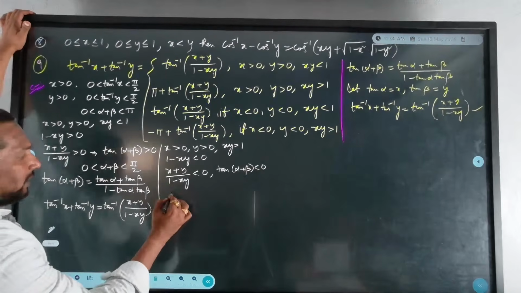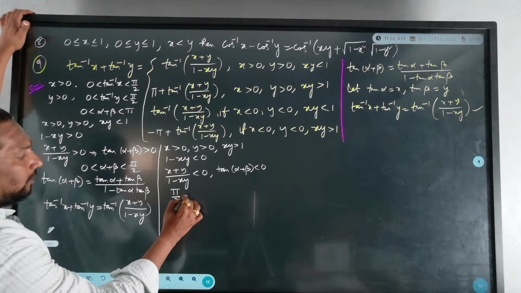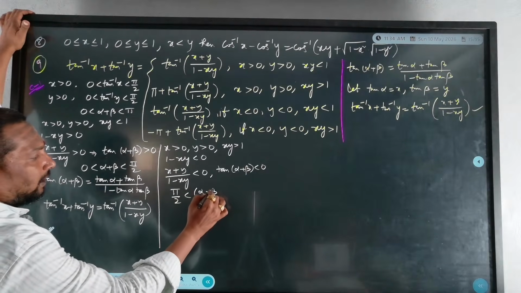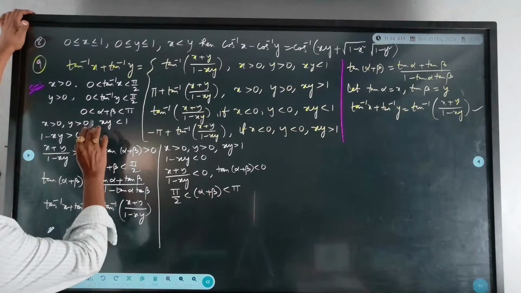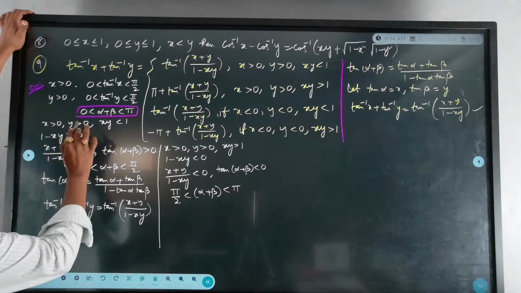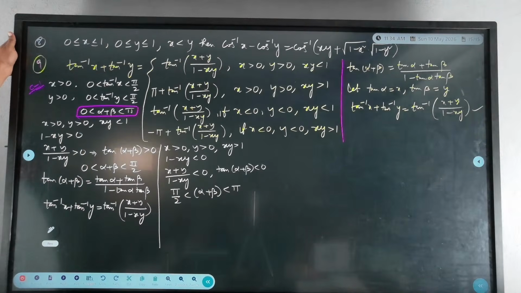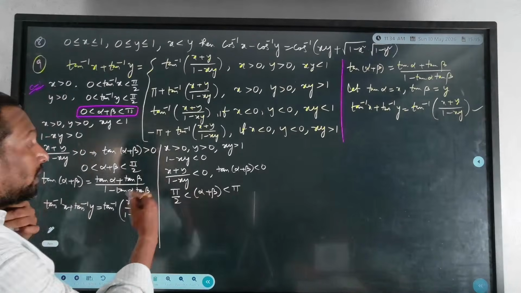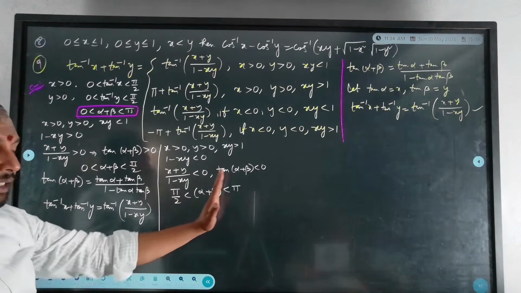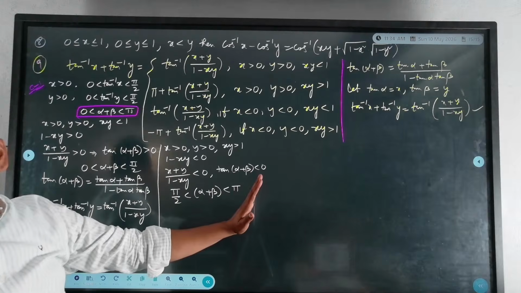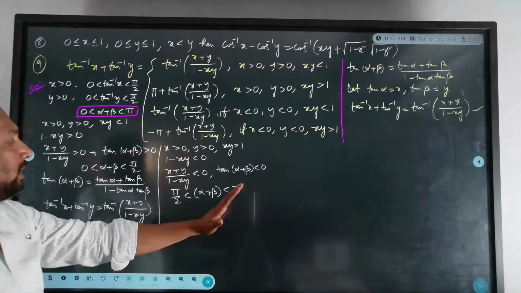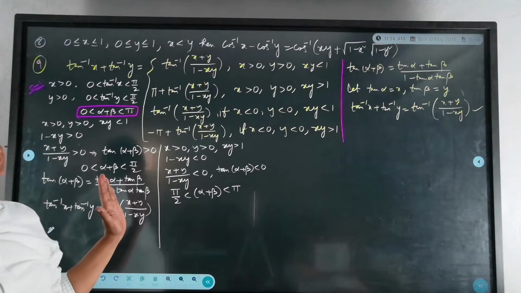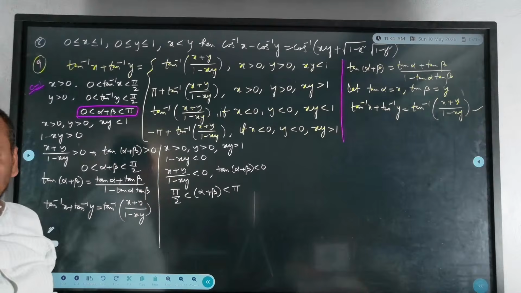That means pi by 2 less than alpha plus beta less than pi, because alpha plus beta lies from 0 to pi. Tan is positive in 0 to pi by 2 and negative in pi by 2 to pi. But it should be converted, since more than 90 degrees tan inverse does not exist. So now we need to bring it into minus pi by 2 to pi by 2.